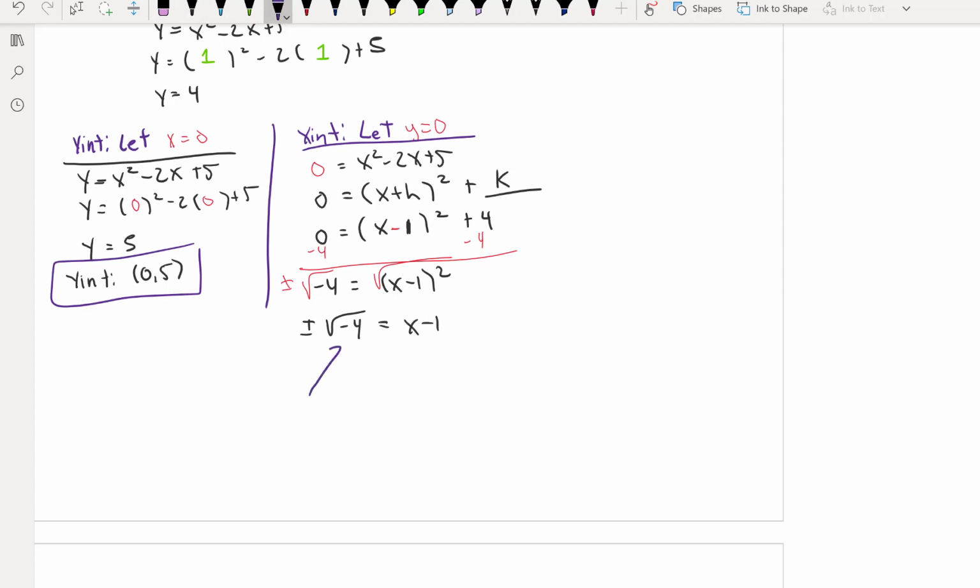I can stop here because this is a square root with a negative on the inside of a square root. When that happens, we say it's a non-real solution. So it's safe to say that there is no x-intercept. So x-intercept for D and E does not exist.